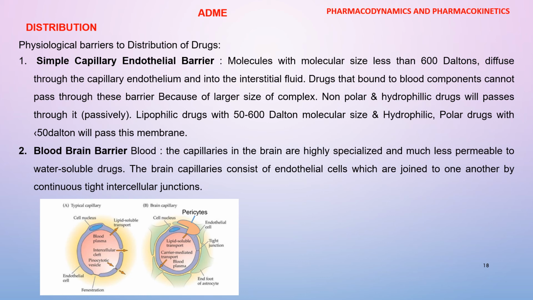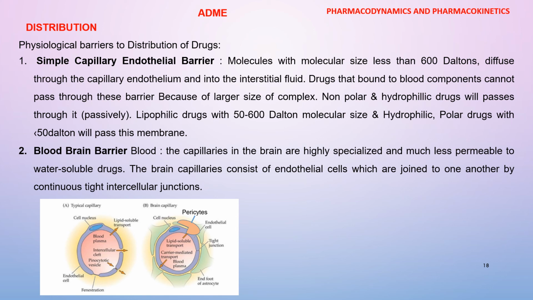These endothelial barriers allow only substances of molecular weight less than 600 Daltons to diffuse across them into the interstitial fluid. Some of the drugs that are bound to the blood proteins are unable to pass through these barriers because of their larger size.